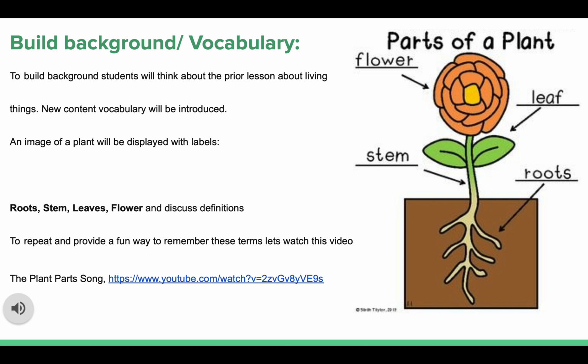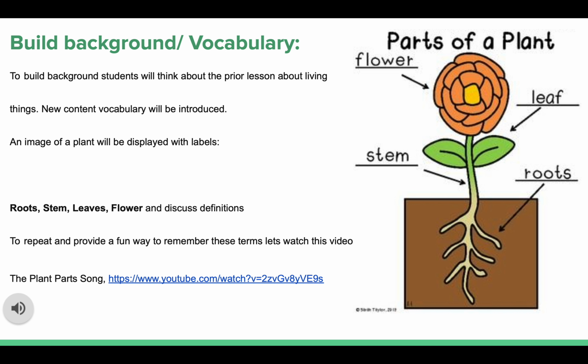The new content vocabulary will be introduced with a picture of a plant displayed on the board through the projector machine. The labels with the new content words of roots, stem, leaf, and flower will be displayed for the students. We will then go over the definitions to help the students understand why each part of the plant is important.